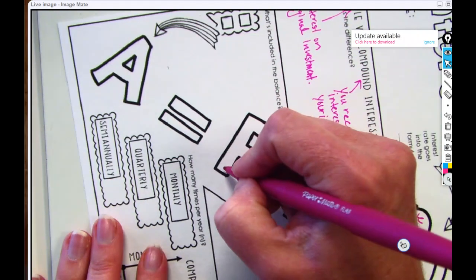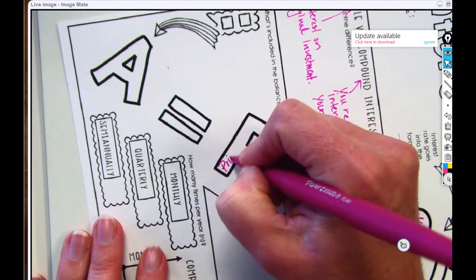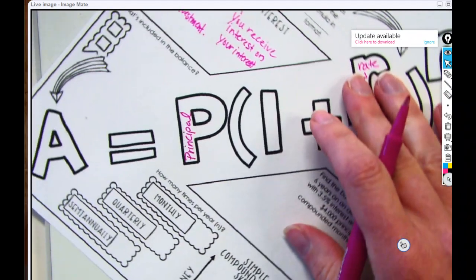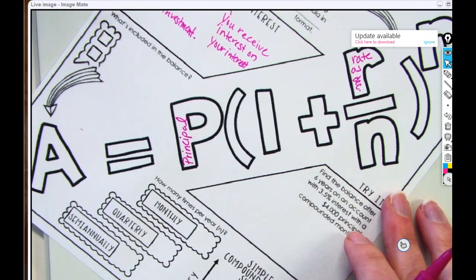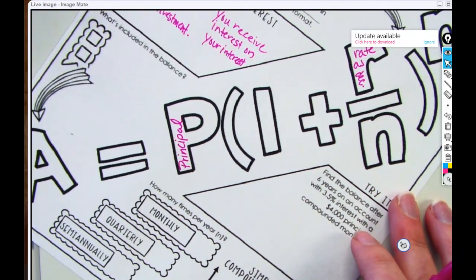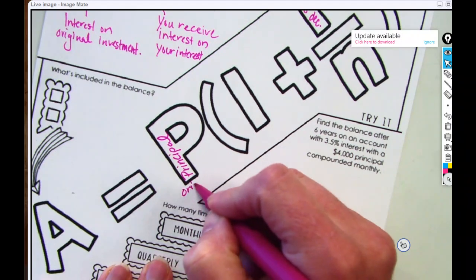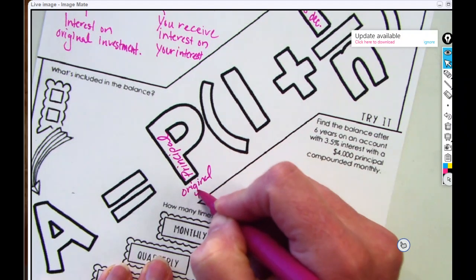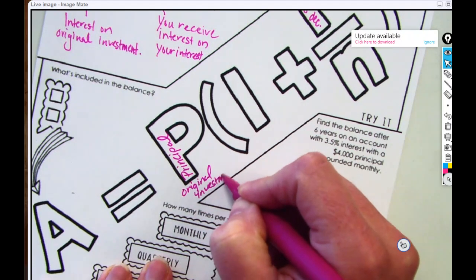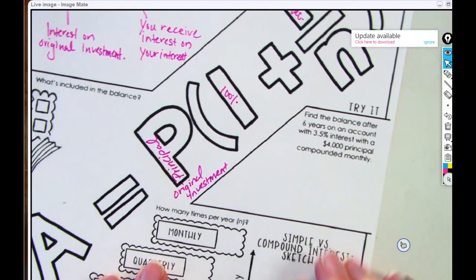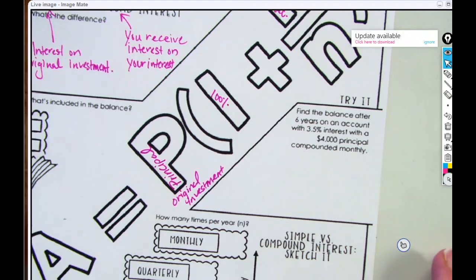So here we go. This is our principal. Principal is your original investment. And that's 100%, but when you convert it to a decimal, it's just 1.